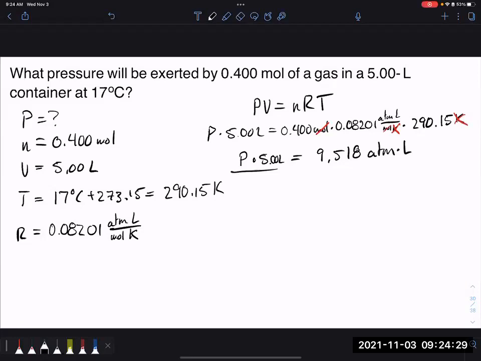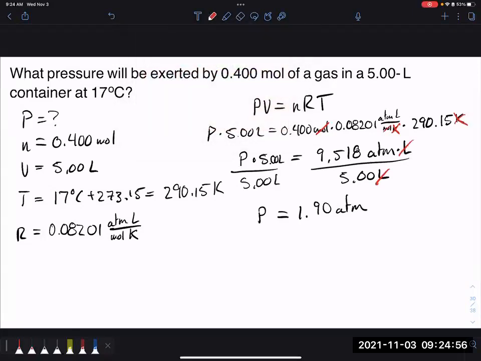So when we divide both sides by 5.00 liters, we're going to get P is equal to 1.90, oops, not liters, atmospheres, because now liters cancels.